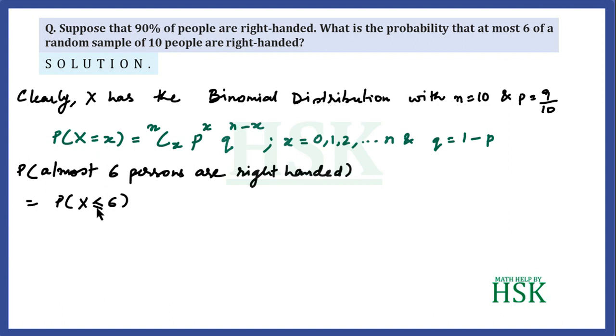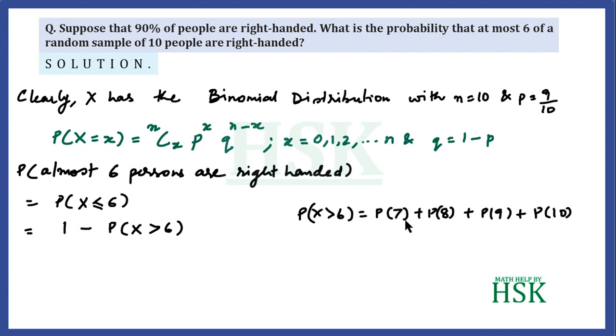To make the calculation simpler, we can write this as 1 minus the probability of getting more than 6 successes. And the probability of getting more than 6 successes would be equal to the probability of 7 successes plus 8 successes plus 9 successes plus 10 successes.